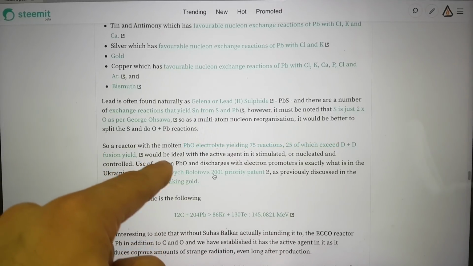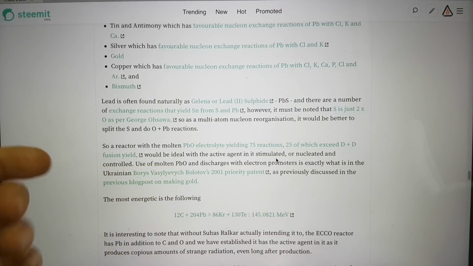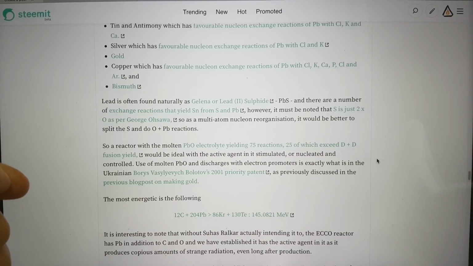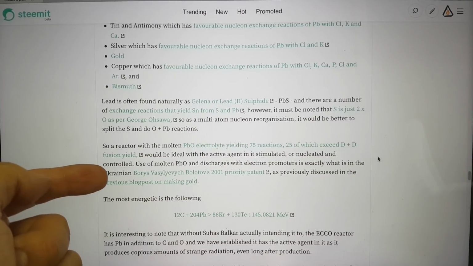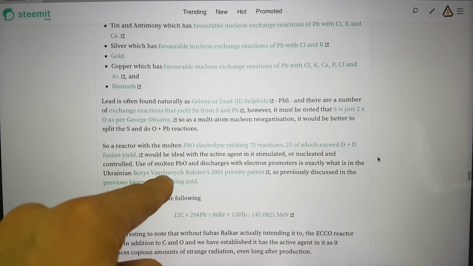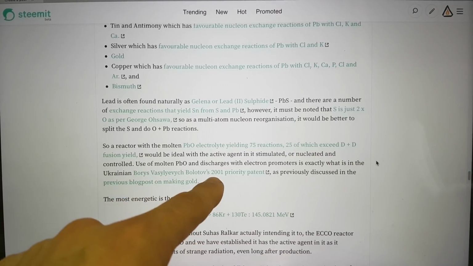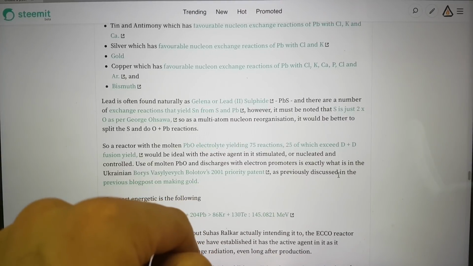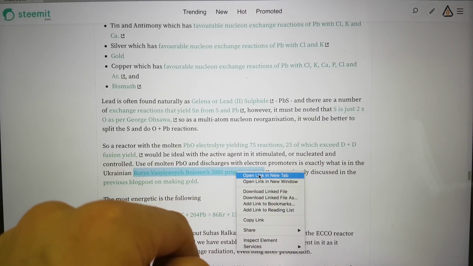It would be ideal with the active agent in it stimulated or nucleated and controlled. Use of molten lead oxide and discharges with electron promoters is exactly what is in the Ukrainian Boris Vasilyevich Bolotov's 2001 priority patent, as previously discussed in the blog post on making gold. Let's have a look at that.